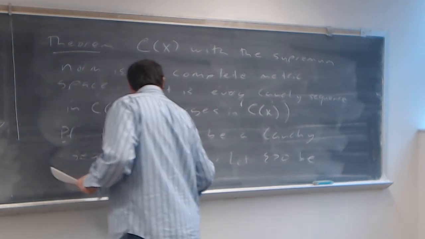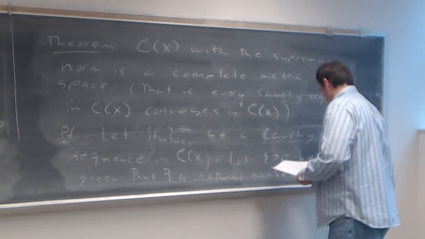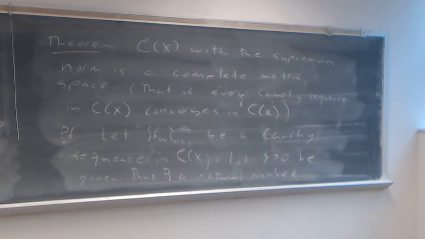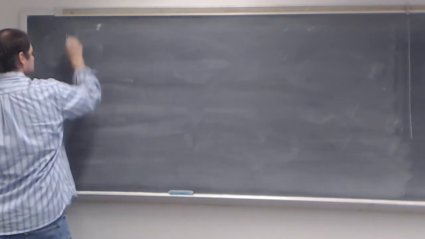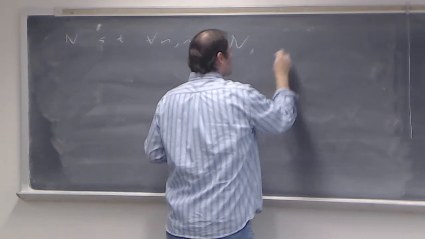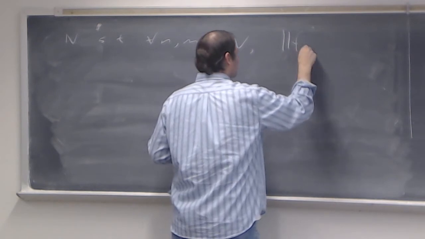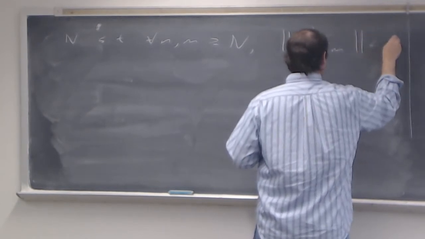Thus, there exists a natural number, we'll call it big N, such that for all n and m greater than or equal to big N, well, we're talking about the Cauchy, so this metric d of f sub n and f sub m is going to be less than epsilon.